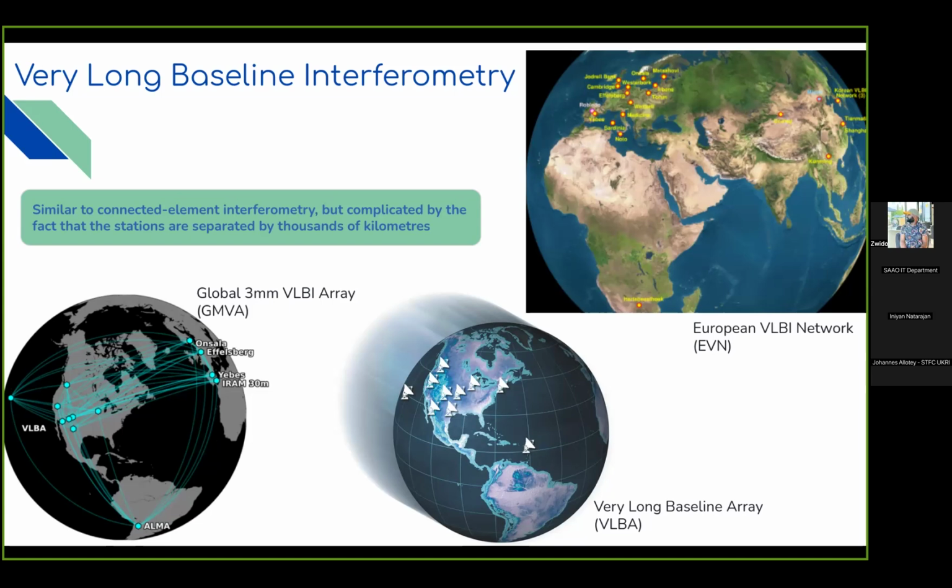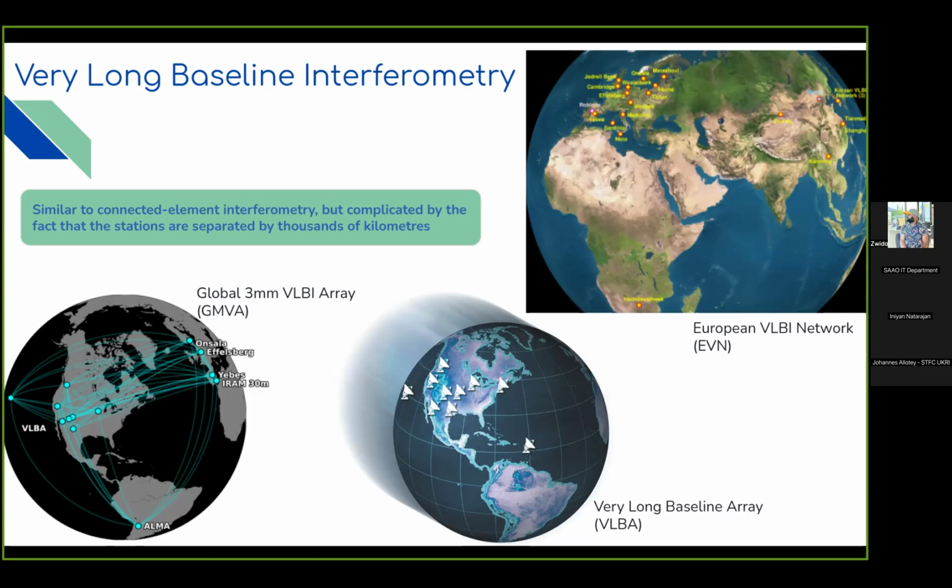Connected element interferometry consists of arrays that everyone knows of, like Cat7 or MeerKAT. Very long baseline interferometry follows the same principle, but it uses dishes that are separated thousands of kilometers apart. In principle, they can be located all over the world. And this complicates the way you do calibration, the way you do data analysis.